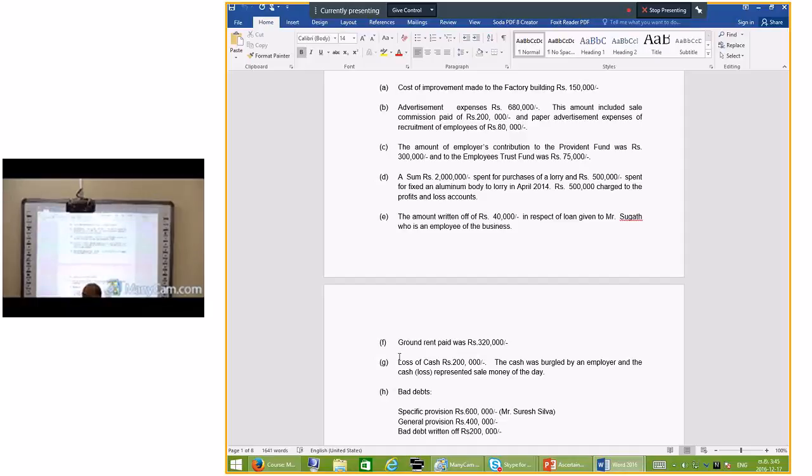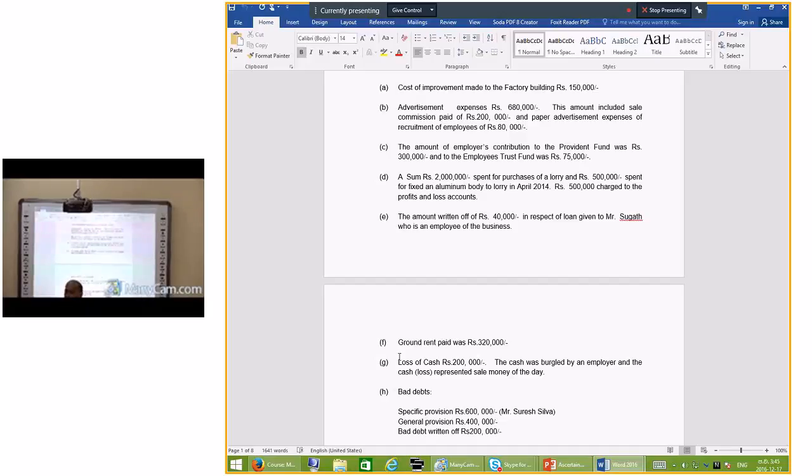Then the department officers, when they examined the accounts, found the cash loss was deducted as expenditure. Immediately they disallowed that amount, and the department issued an assessment asking to pay more taxes. The company appealed, and the case went to court.